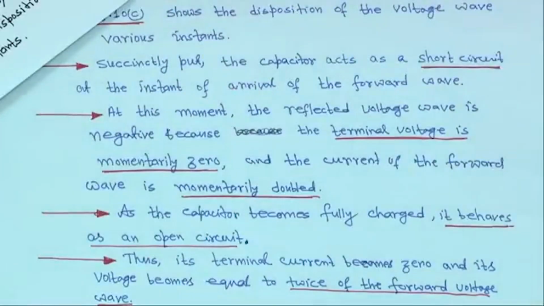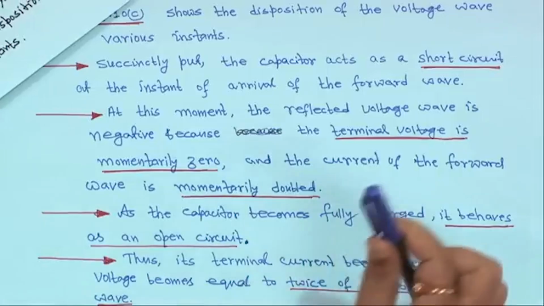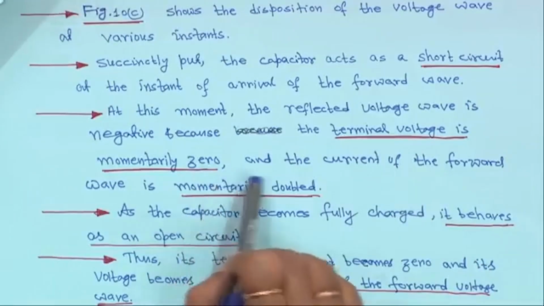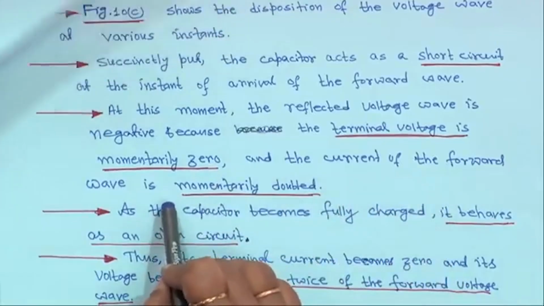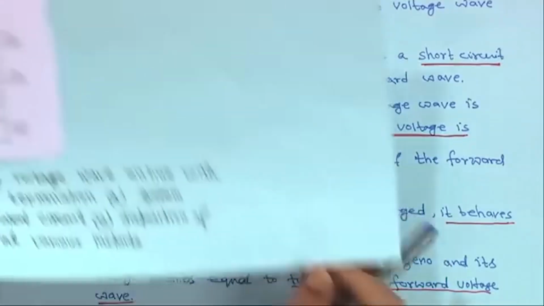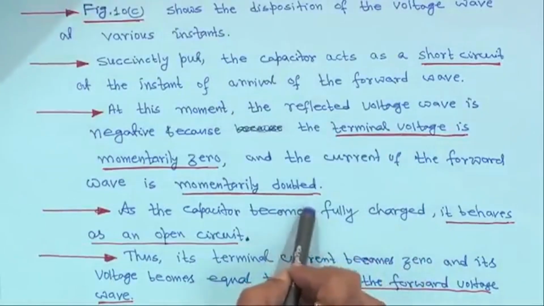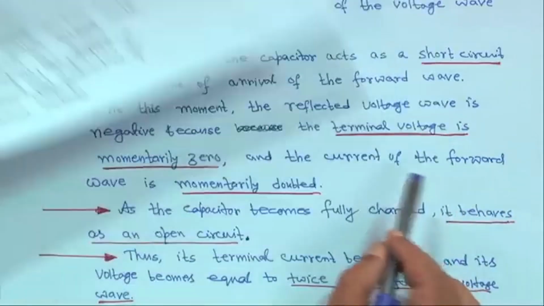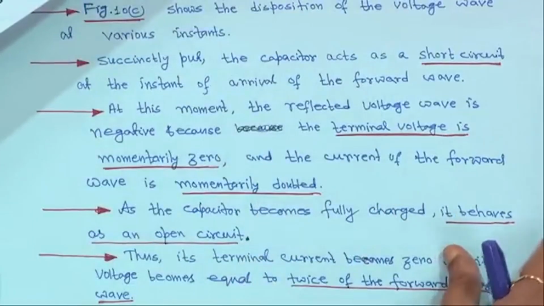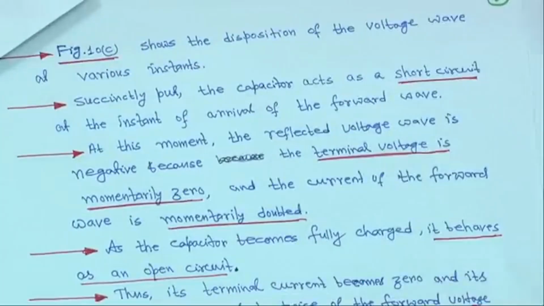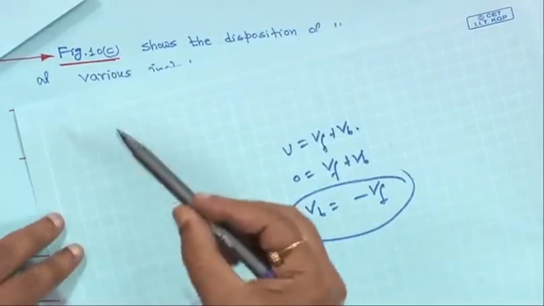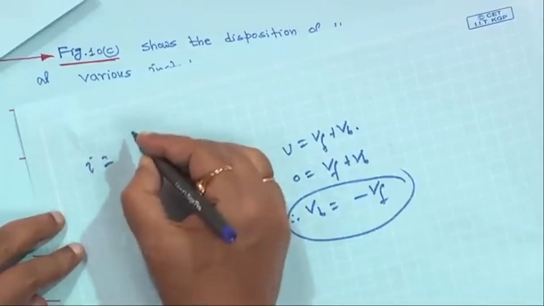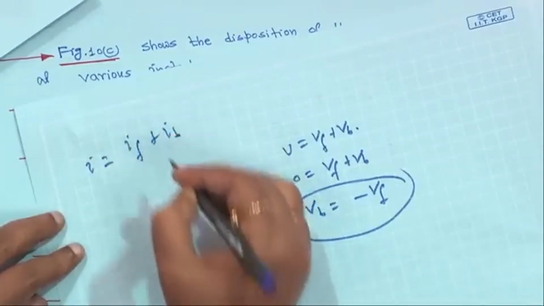So, the terminal voltage is momentarily 0, and the current of the forward wave is momentarily doubled. You can verify this on your own. The current I is equal to I F plus I B, right.